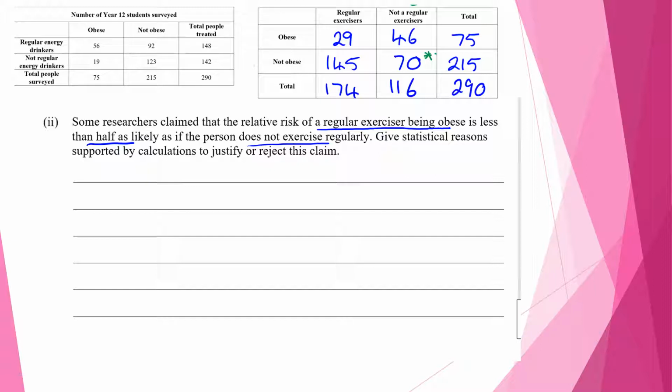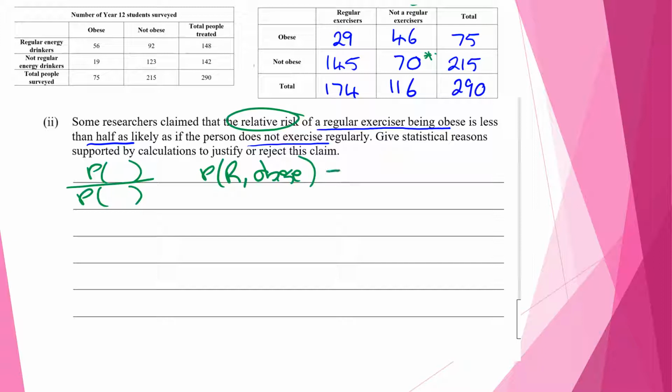What we're looking for here is a relative risk. So that's the probability of one situation in relation to the probability of the other. The first probability is the probability of a regular exerciser being obese.